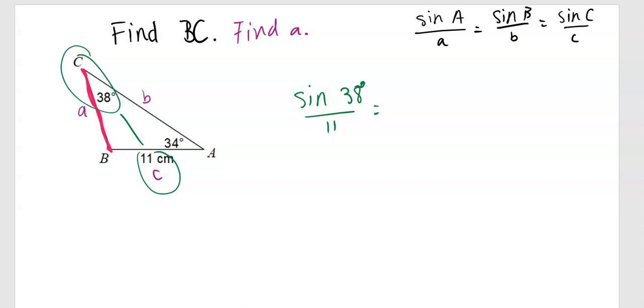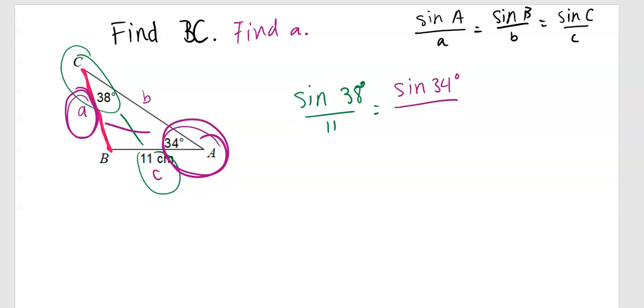I'm looking for this side and I have this angle, so those create a proportion as well: sine of 34 degrees over little a. This one's actually a lot easier than the other one, because you're not looking for an angle, you're looking for a side.